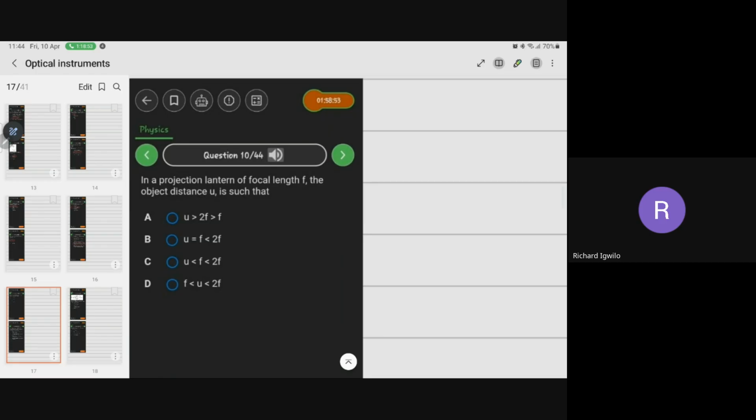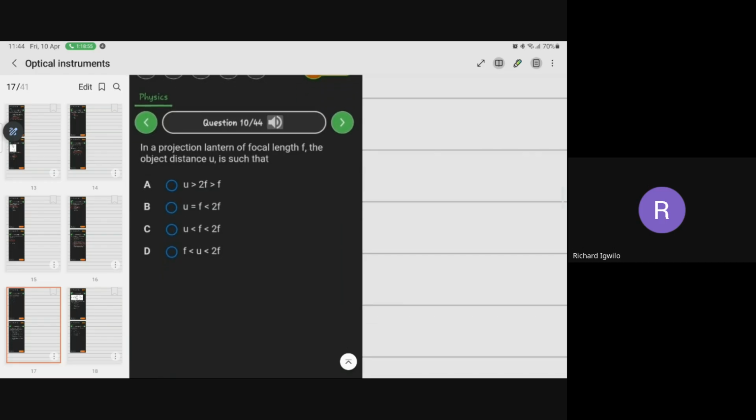Now, in a projection lantern of focal length f, the object distance U is such that... I didn't touch this part. That is your slide projector. The question is confusing. Paul, any idea on this question? I know I didn't touch that part. In a projection lantern of focal length f, the object distance U is such that it will be under projection, the slide projectors. But I thought there was no question coming from that place.